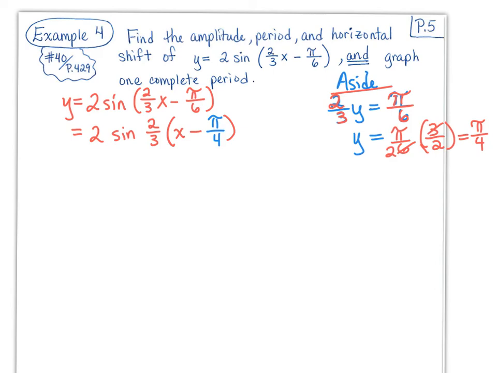So we can find the amplitude. What's the amplitude? 2, good. Your period is what? 4 pi over 3? No, it's not 4 pi over 3.